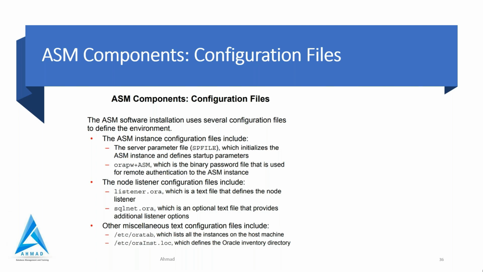The ASM instance uses two configuration files. The first one is the server parameter file that defines the initialization parameters at startup.